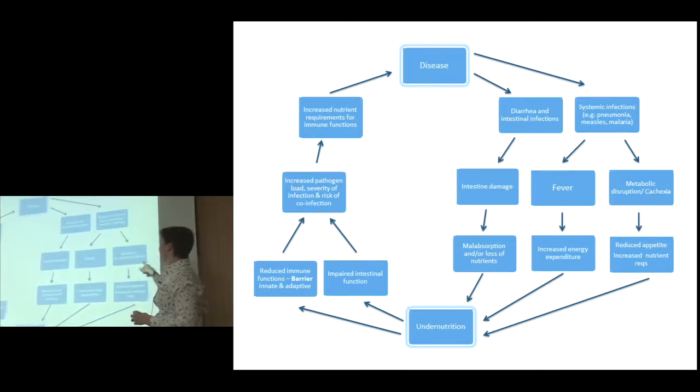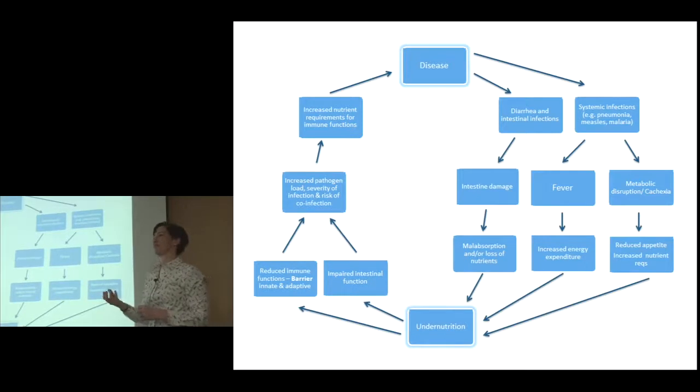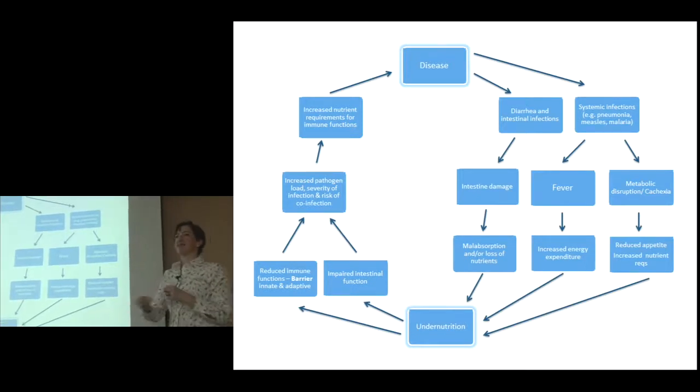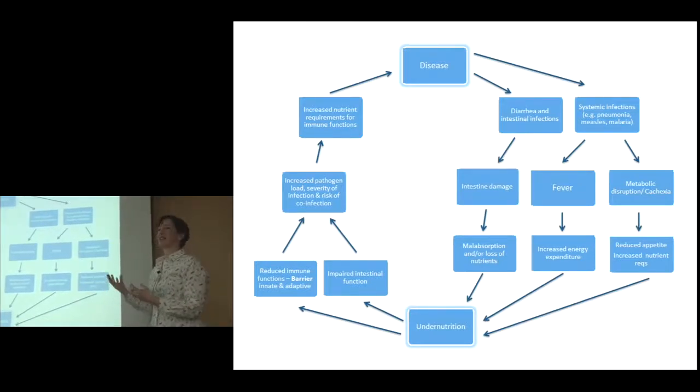You may also have this metabolic disruption where you might have these cachexic processes, where your metabolism is all directed towards breaking down rather than building up. And it's a similar process to cancer. So in cancer, you get cancer cachexia, and one of the early signs of having cancer can be an unexplained weight loss.